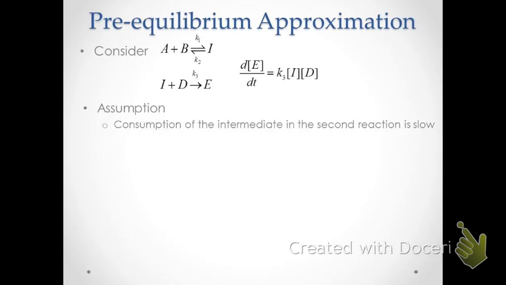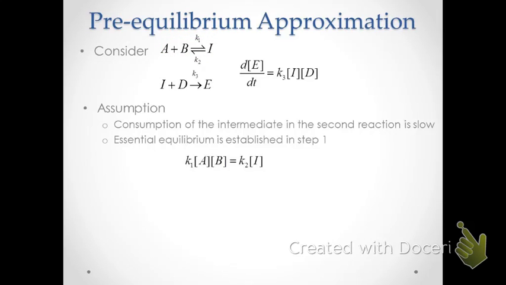So if that last step is very, very slow, then what we'll have in the first steps, the reversible step, is essentially an equilibrium. The situation would be that I is consumed so slowly that the first reversible steps are allowed to establish something close to an equilibrium, and we're going to assume that we're establishing an equilibrium here.